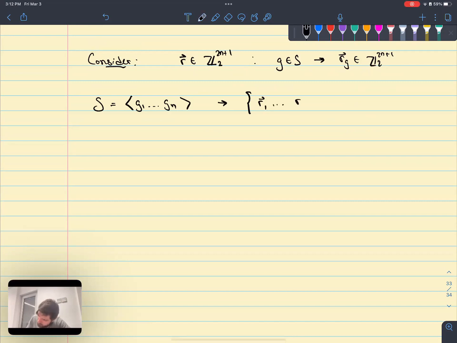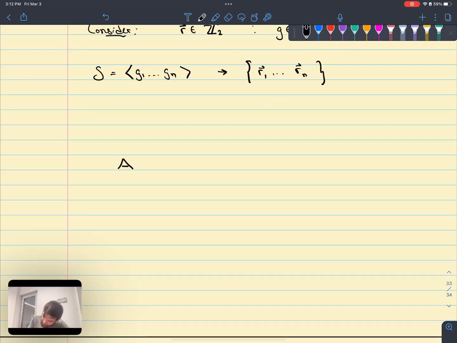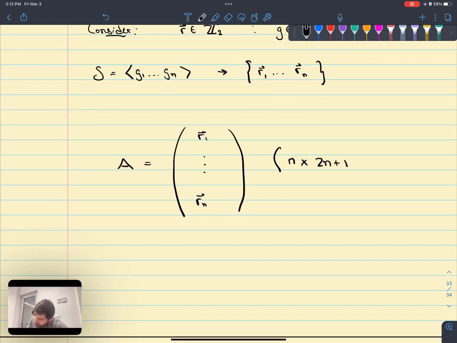These are the bit strings R1 to Rn. And to construct this check matrix, I will basically take a matrix where the rows are given by these R's. And so this is a matrix that's, what's the dimensions here? This is going to be n rows times 2n plus 1 columns.